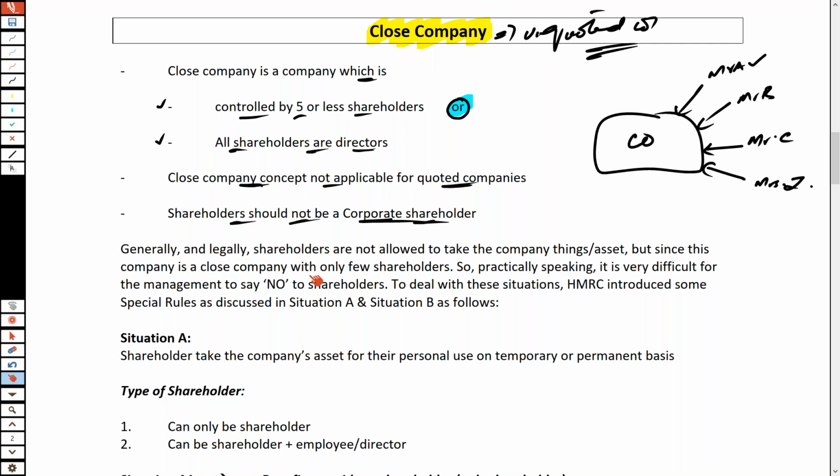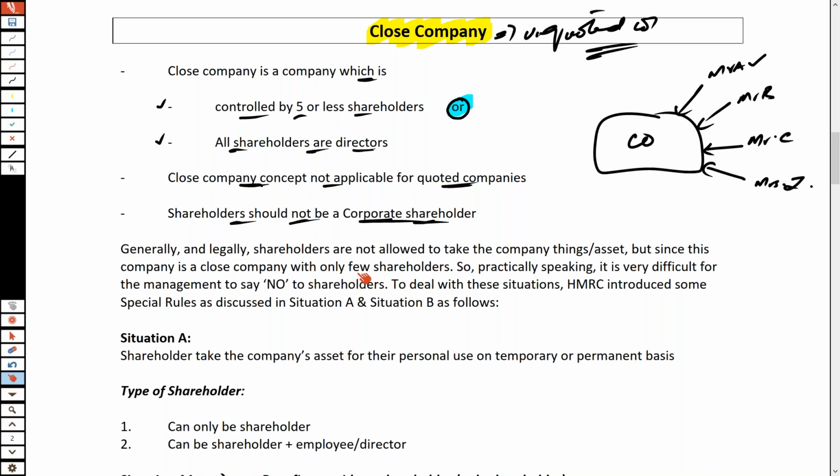If any shareholder asks the company to give a car for his own use, there are only 3 investors, and one of them is asking for an asset to be used for personal purposes. So at times, practically speaking, it's very difficult for the management to say no to shareholders. Why?